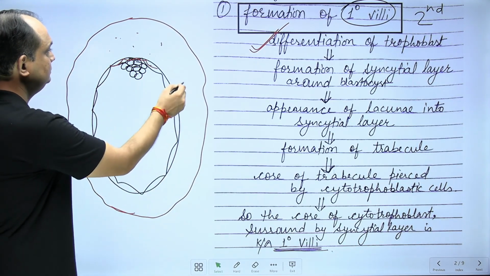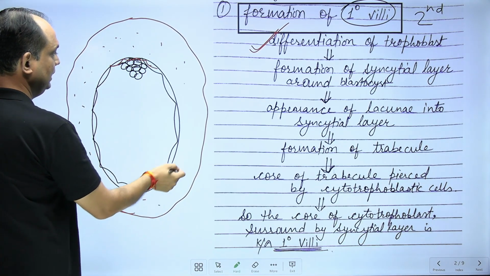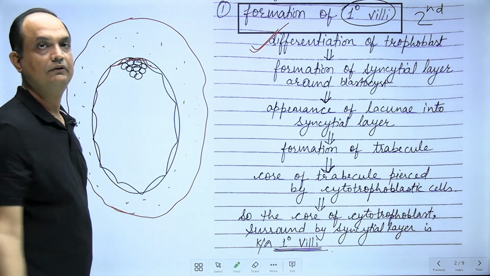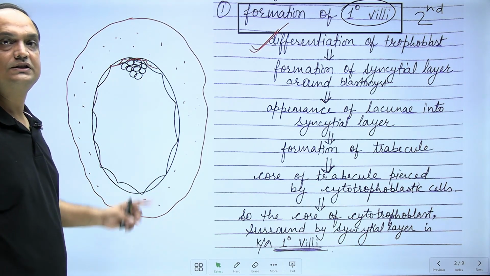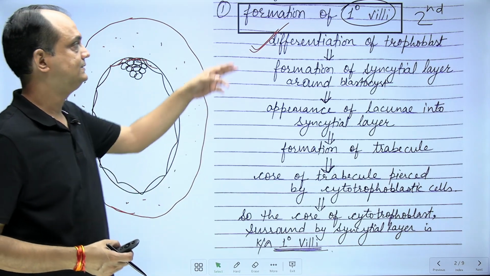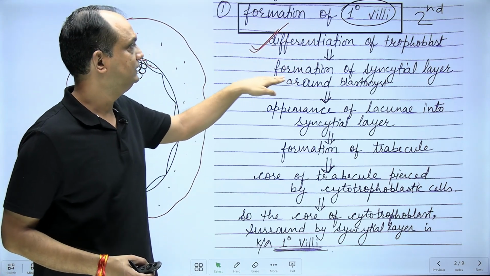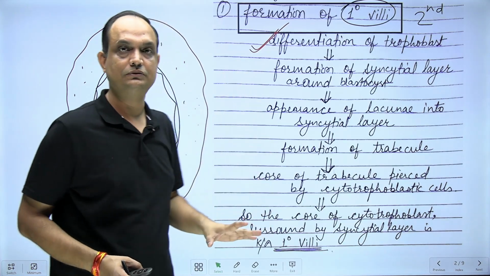Clear? So, now there is a formation of syncytial layer all around this developing blastocyst. First step is differentiation of the trophoblast. Then there is formation of syncytial layer completely around your blastocyst.